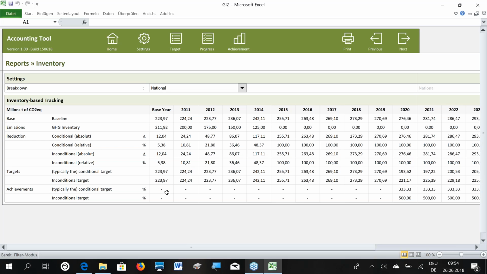And here below, this is basically the actual result in achievement. It would tell you where you actually are. So if you have achieved 80% of your reduction target, of your conditional target in this case, or 80% of your unconditional target, this comes here in the lower rows.